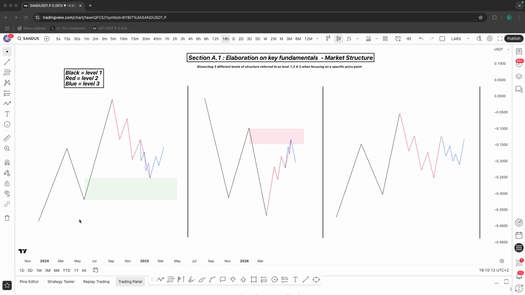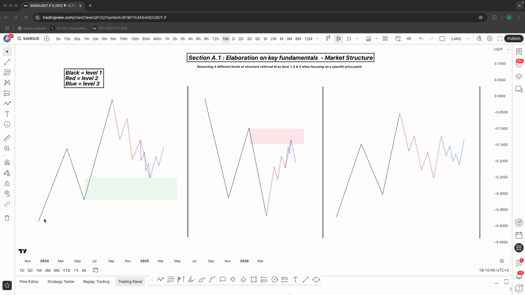Now, our level 1 market structure is always going to be the most important market structure pool depending on what we are focusing on. And this is very crucial to understand because technically speaking, there are hundreds of different levels of structure on an individual chart, but not every structure pool is as relevant as the other.